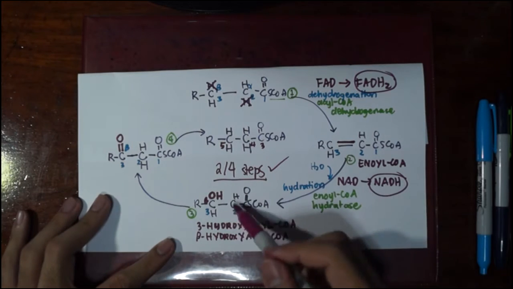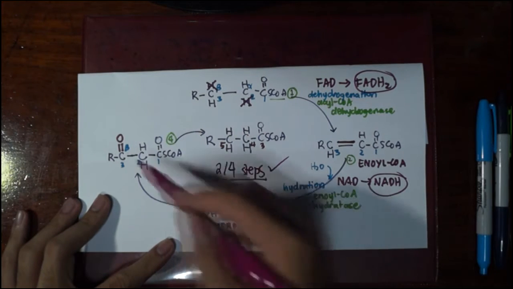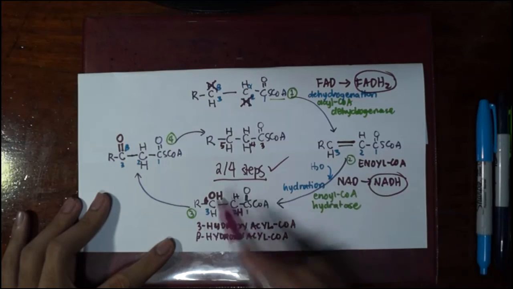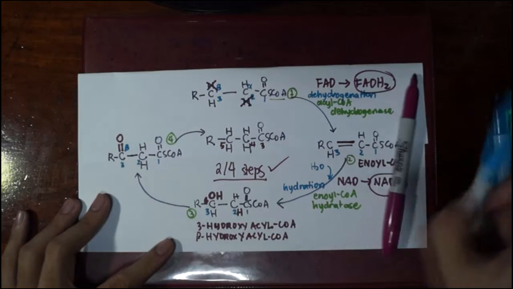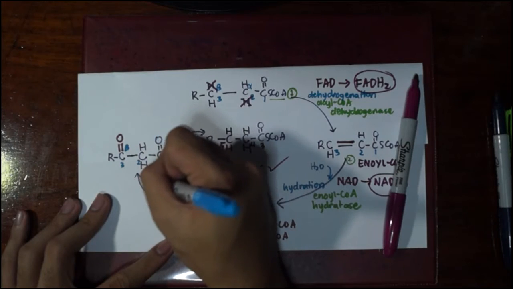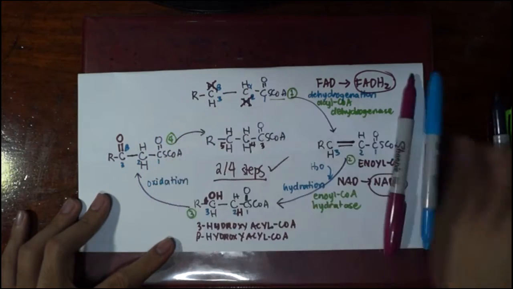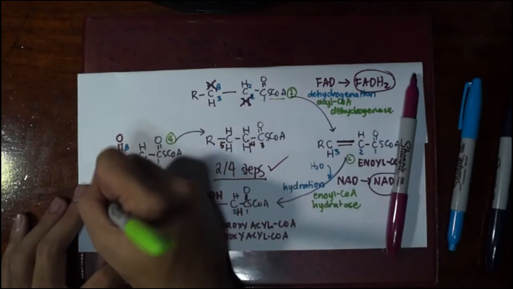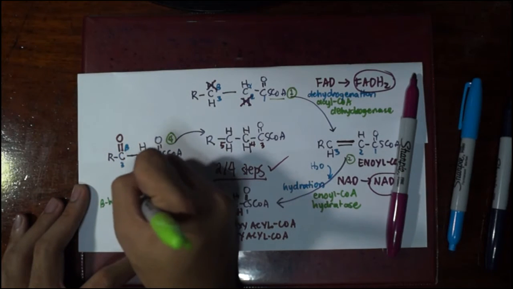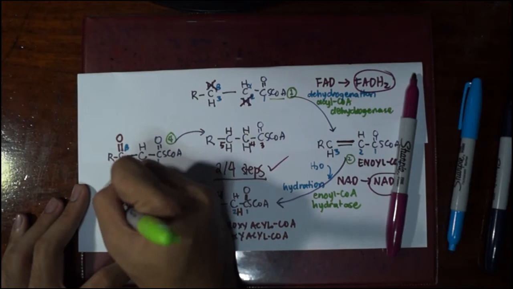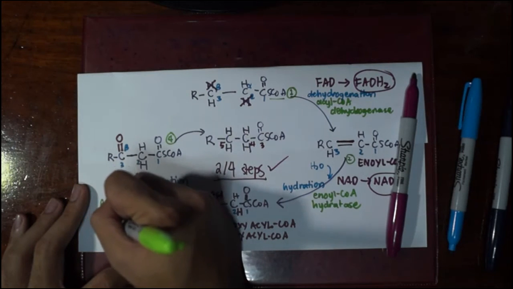What happens from this one to this in step number 3 is that the OH transforms into O. So there's oxidation, simply oxidation. And the enzyme responsible for this one is beta hydroxyacyl CoA dehydrogenase.